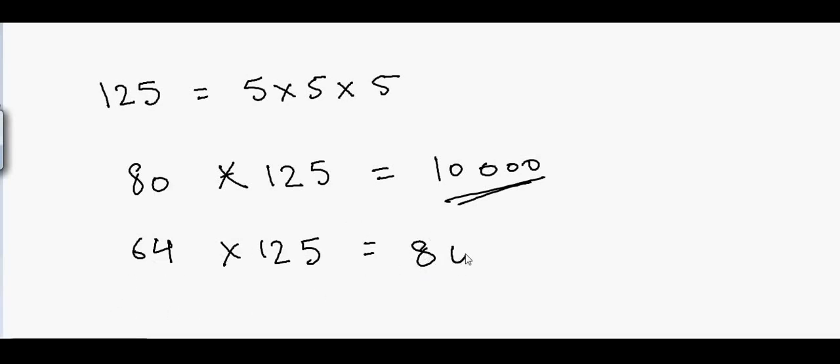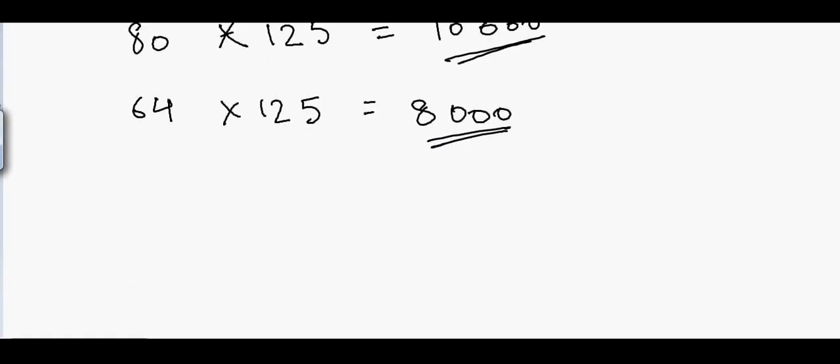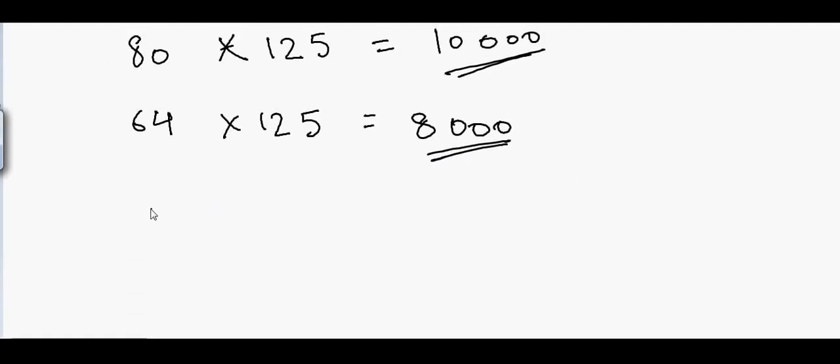So it will be 8000. And let's take another example, 128 by 125. In this case, 128 divided by 8 is 16, and then we put 000 at the end. So that is our answer.